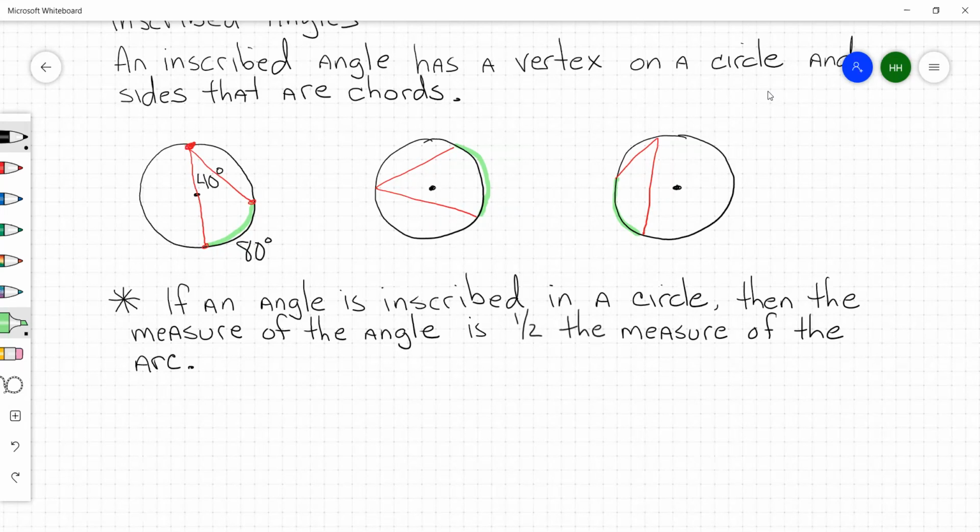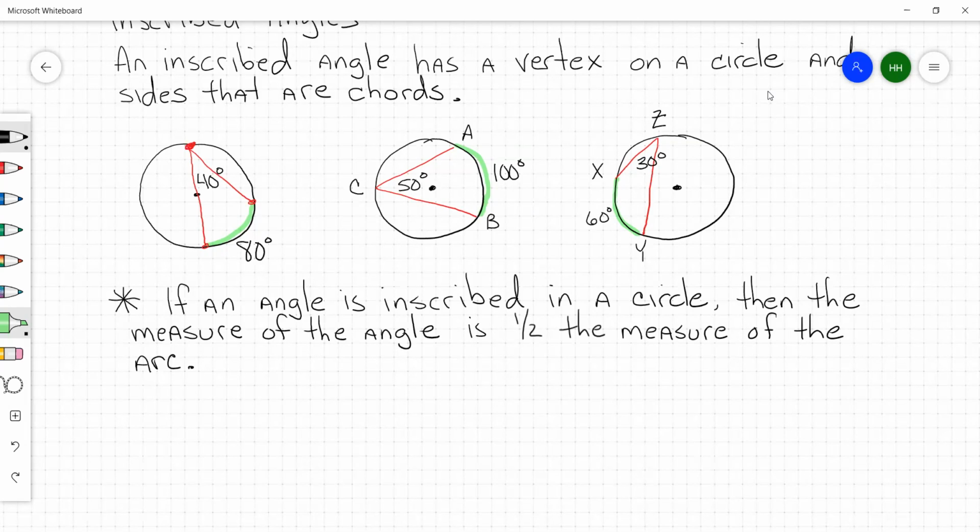If this middle example here, if this arc AB is 100 degrees, what's the measure of angle C? 50, good. And in this third example, if angle Z is 30 degrees, then what is the measure of arc XY? Very good, 60.